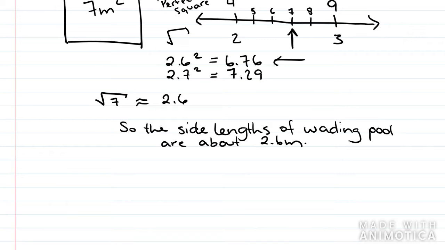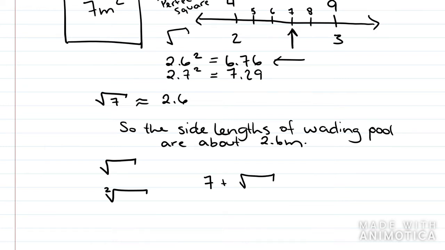Okay, well, if we were using our calculator, how could we do that? Well, on your calculator, there's going to be a symbol that either looks like this or it'll have a little 2. And depending on your calculator, some you'll press the number 7 and then you'll press this.